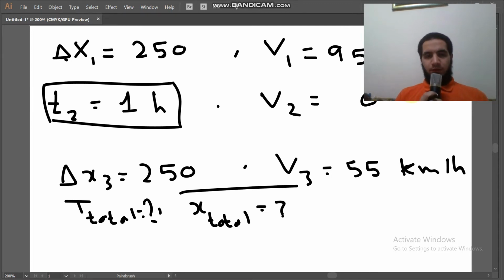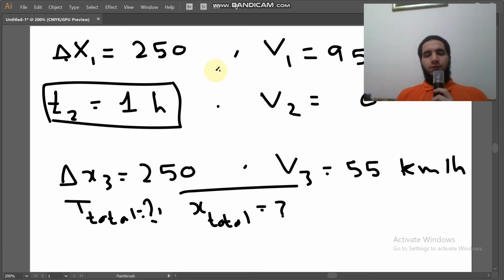Okay, I was saying that we have to divide this problem into three sections. The first section is going 250 kilometers with a speed of 95 kilometers per hour.